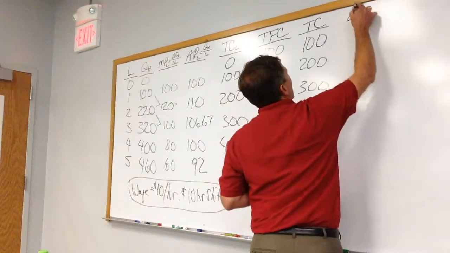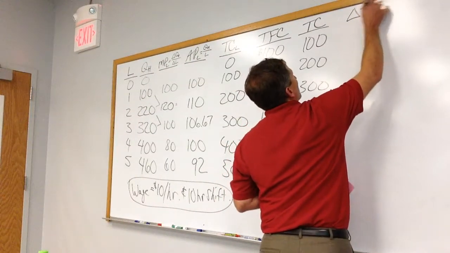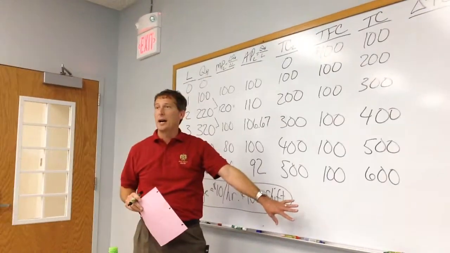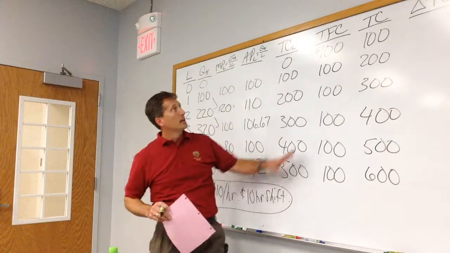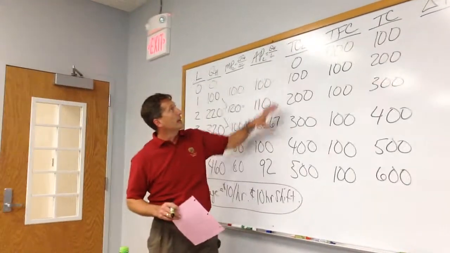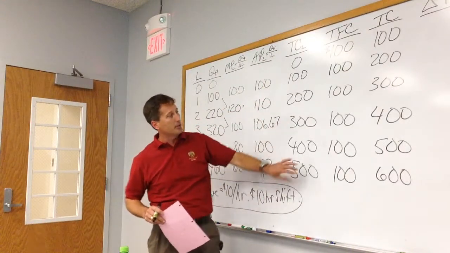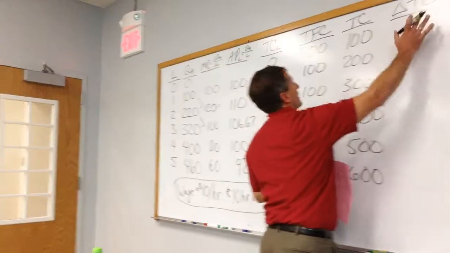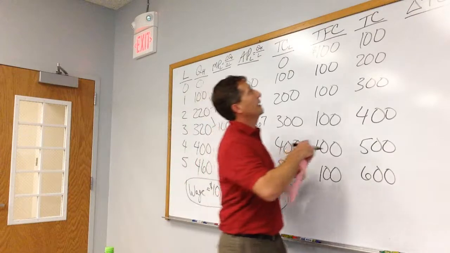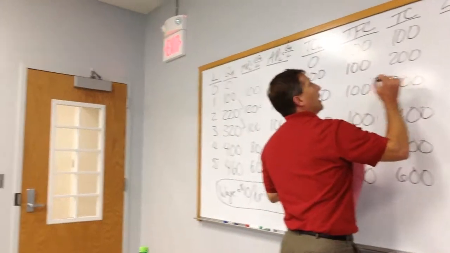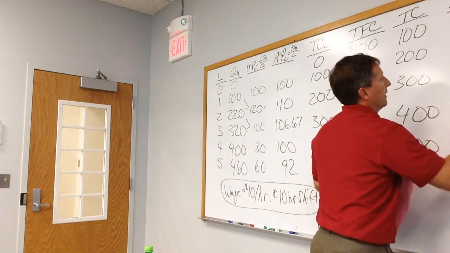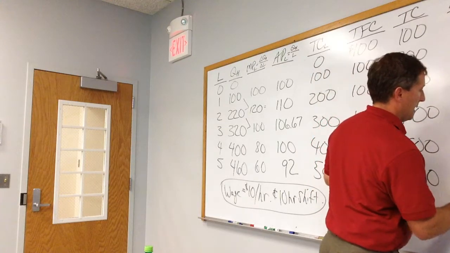So as I grow my business and I increase volume, my change in total cost along the way is what? 100. So we can think about it this way, where each one it's going up by 100 each time. We kind of saw that here, that it was going up by 100 each time. This one's staying fixed. But just to kind of complete the sequence here, the change in total cost from adding production here, we've got 100, 100, 100, 100, and 100.